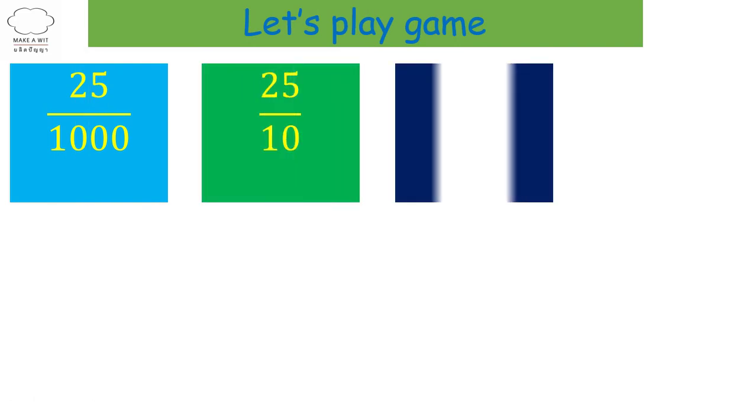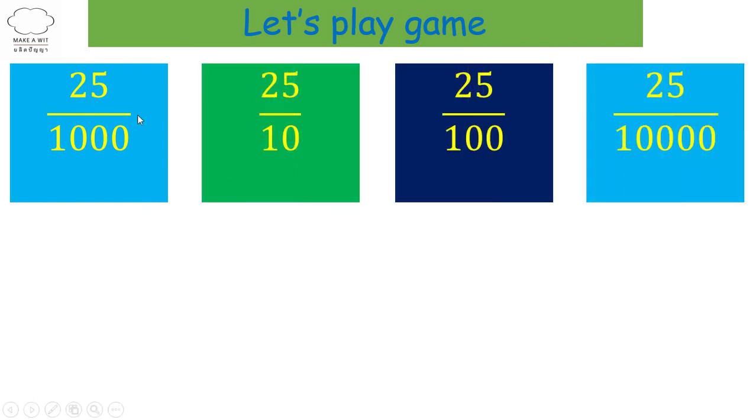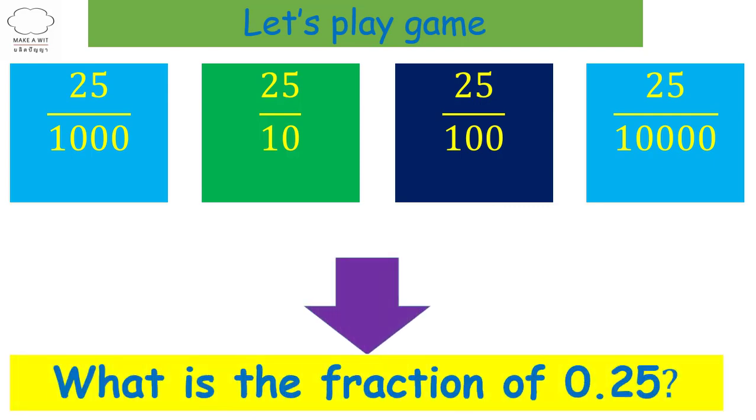One more. Wow, 25, 25, 25. The numerator is the same, 25, and the denominator is different: 100, 1,000, 10, 100, and 10,000. The question will be, what is the fraction of 0.25? 1, 2, 3, go.